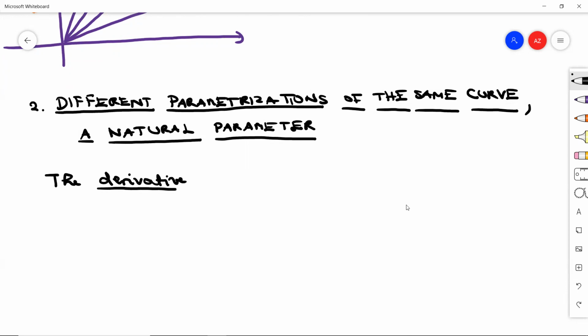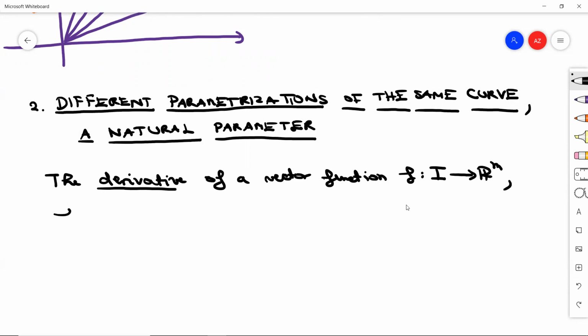The derivative of a vector function f, mapping from an interval into Rm, where f has m coordinate functions, is defined in the same way as the usual derivative of a usual function, only in the definition we have to know that all the quantities are vectors.